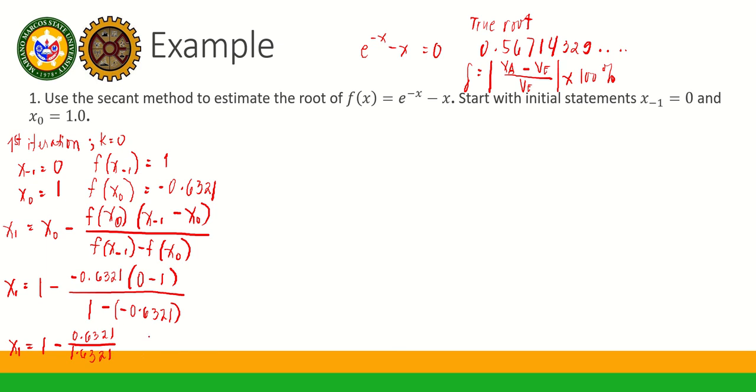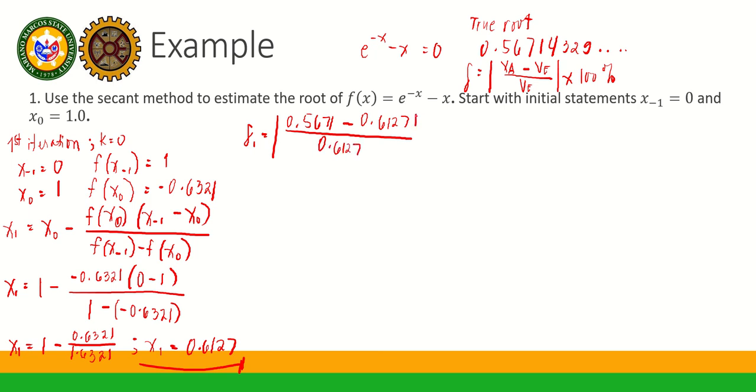Okay? So, our x sub 1 is equal to 0.6127. Okay, si x sub 1 natin, 0.6127. Now, computing for the percent error 1, this is equal to actual value natin is 0.5671, minus our computed value, estimated value, that is 0.6127, all over our estimated, that is 0.6127, multiplied by 100%.